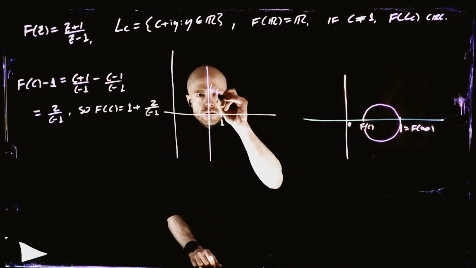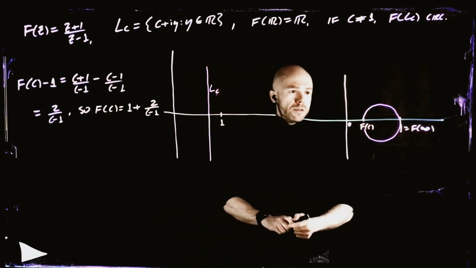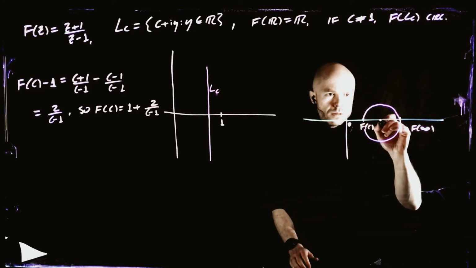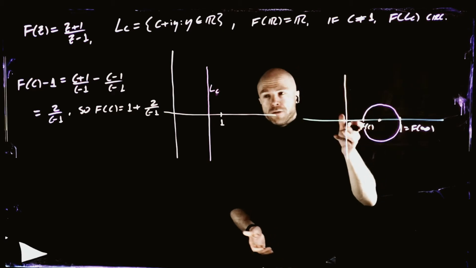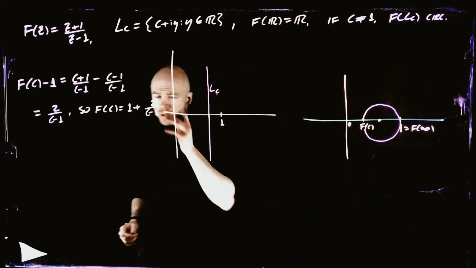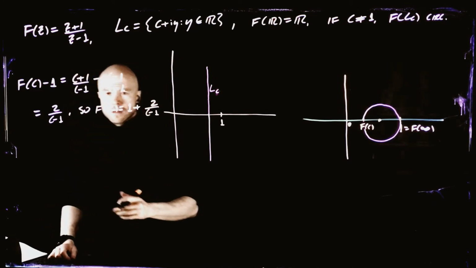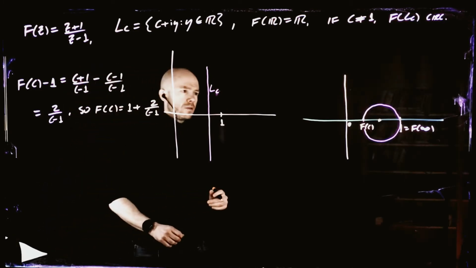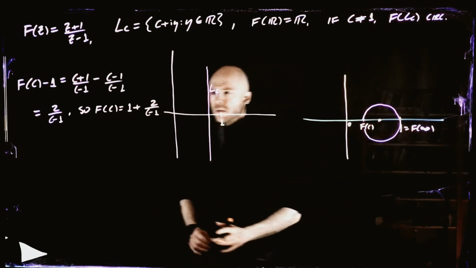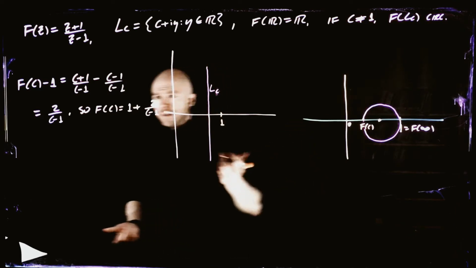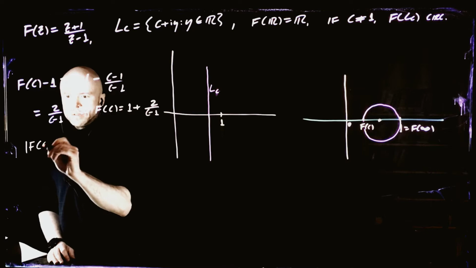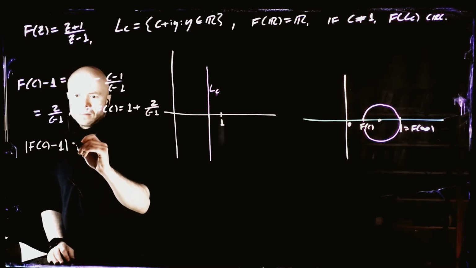All right. And the center of the circle is on the same side of 1 as f of C is, right? So this gives us the following good stuff. We know that the diameter of the circle, whether we're on the left or the right-hand side, is given by the absolute value of f of C minus 1, right?